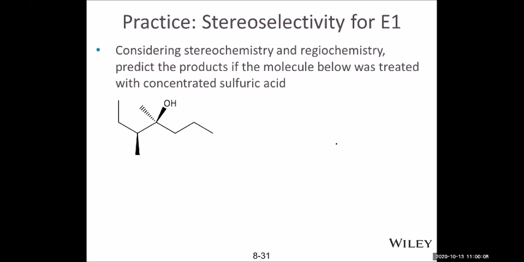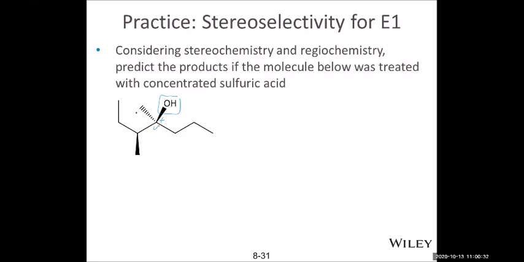Okay, so E1 reactions. Let's say we have this reaction treated with concentrated sulfuric acid. What is the main product? Once we remove the OH and form a carbocation, let's see how many beta hydrogens we have. This is the alpha carbon.